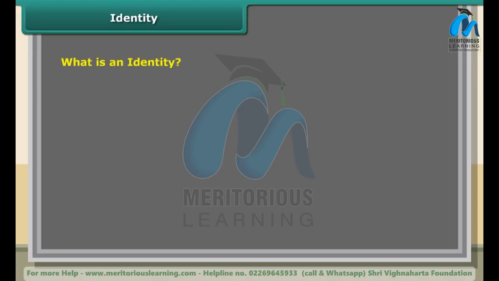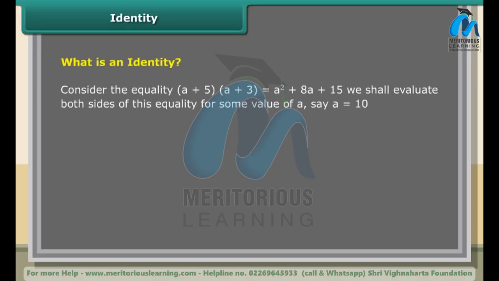Identity. What is an identity? Consider the equality (a plus 5) into (a plus 3) is equal to a squared plus 8a plus 15. We shall evaluate both sides of this equality for some value of a. Say a is equal to 10.